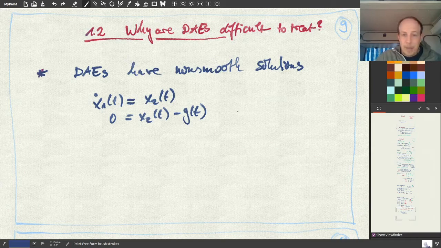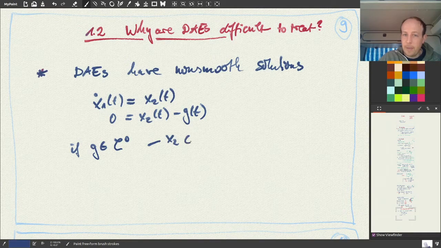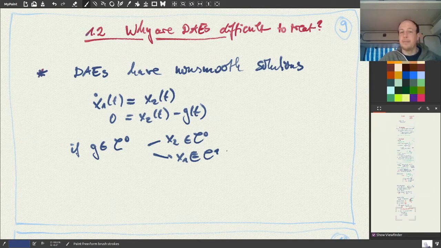This means that if g is a C0 function, a function that is just continuous but not differentiable, then x2 is a C0 function, but x1 will be a C1 function.